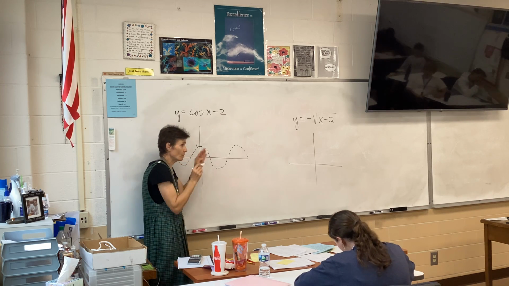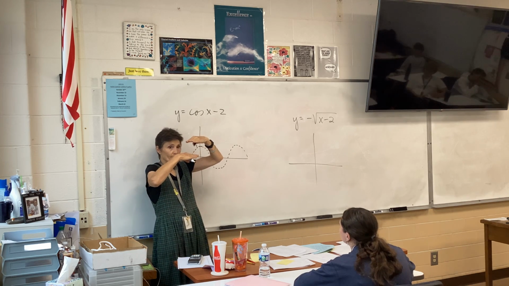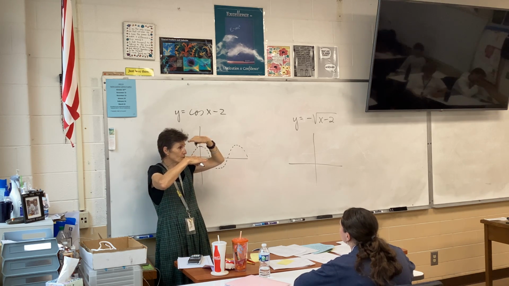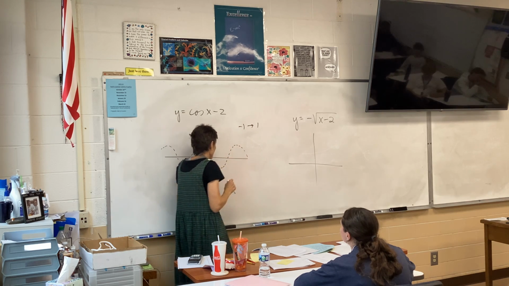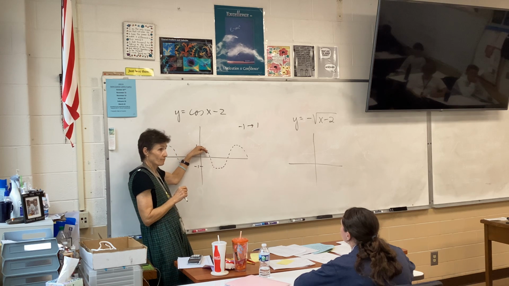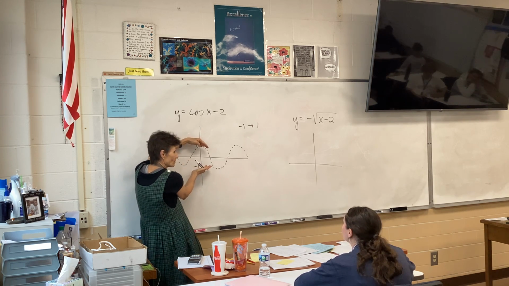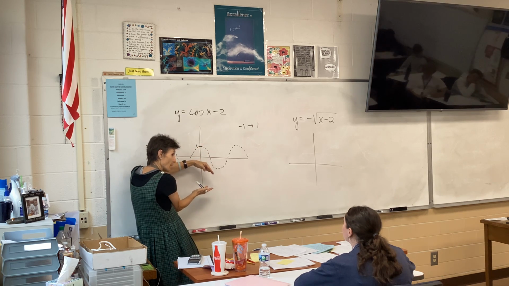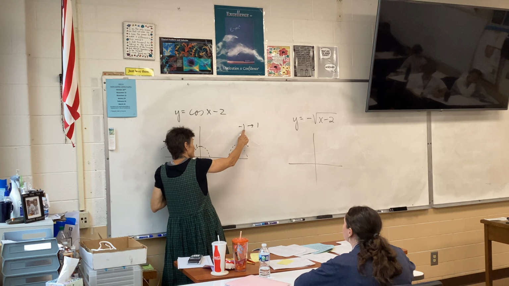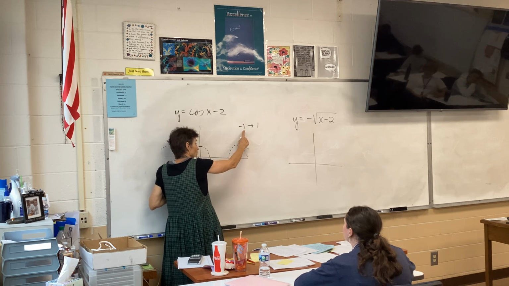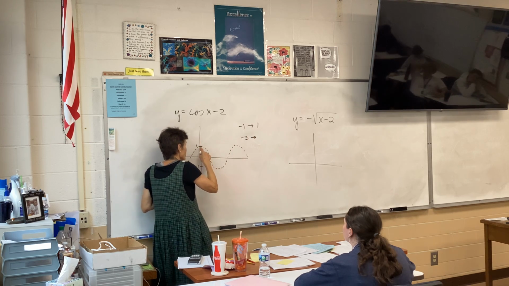So, what do I recognize about my cosine? What's it doing? Starts at 1 and goes negative 1 to 1. So these are the normal boundaries of the cosine. So I'm taking those boundaries and bringing them down 2. So what happens to negative 1 if it goes down 2? Negative 3. And what happens to 1?